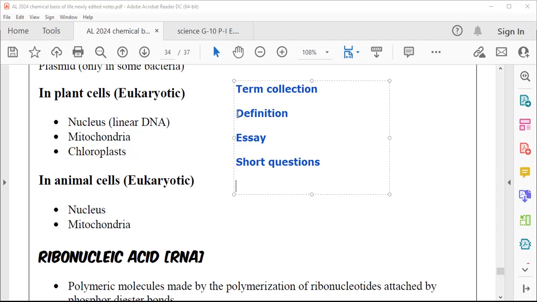Nucleoid today, circular DNA today, anti-parallel today. Collecting them is term collection. Definition means, for all the words, do we give definition? No. The definition you are given, you have to collect.